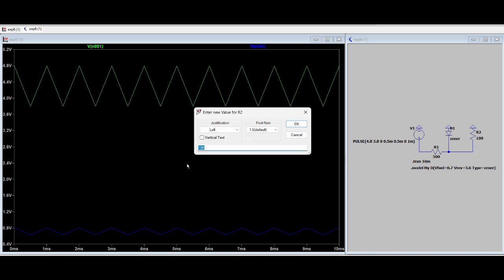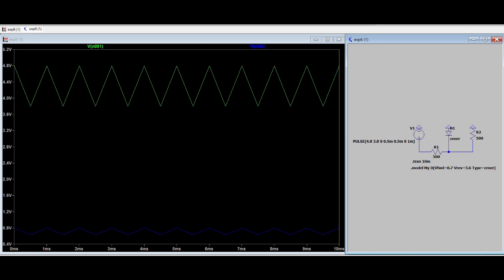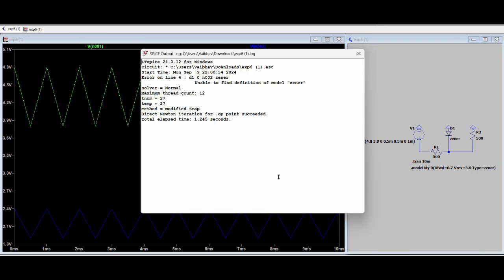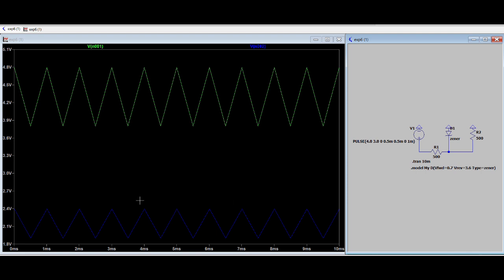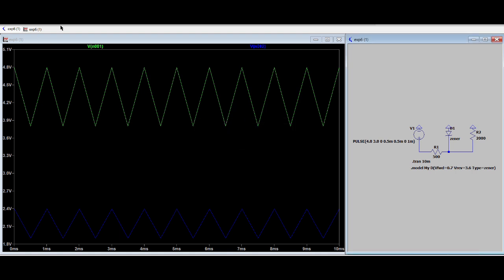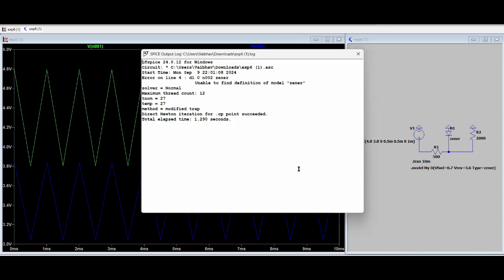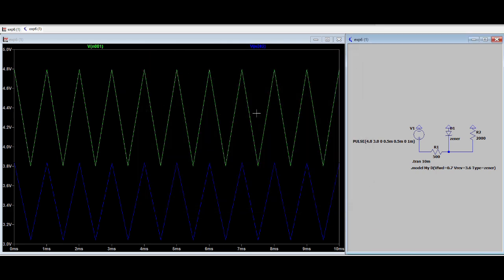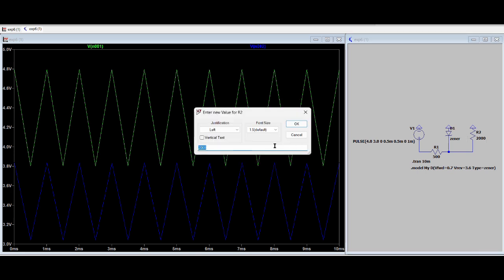The demonstration emphasizes the critical role RS plays in balancing current flow through the Zener diode and the load. A higher RS improves regulation against input voltage variations, but reduces the circuit's ability to handle a wide range of loads. Hence, I'm changing the load resistance from 100 to 10K. The output voltage slightly changes.